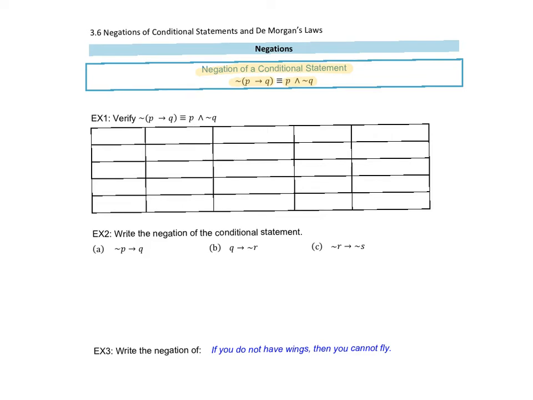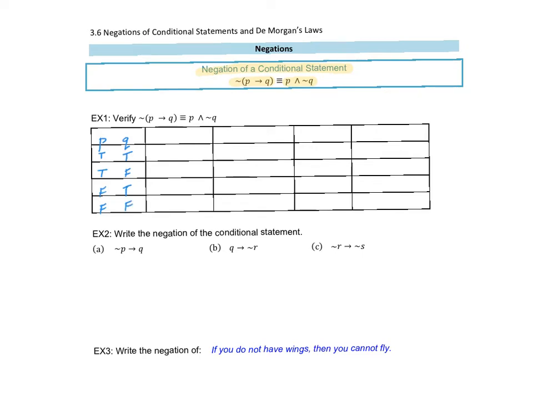Example 1, we want to verify that these statements are equivalent, which means we're going to construct our truth table with P and Q. So P is true, true, false, false. Q is true, false, true, false.